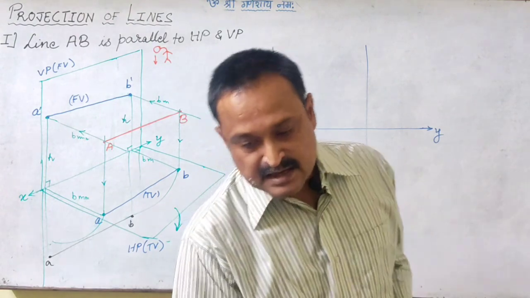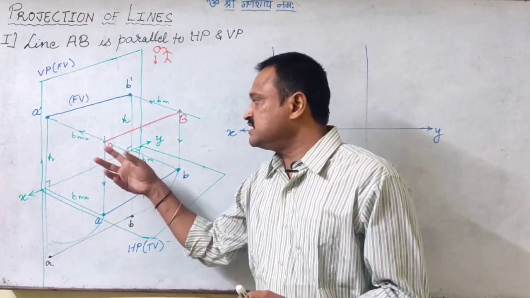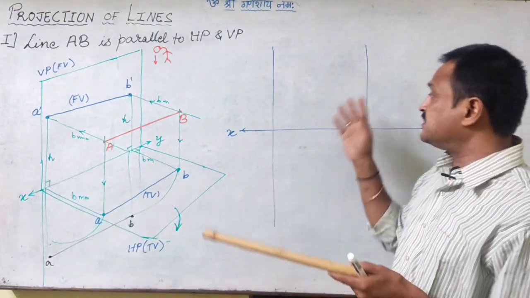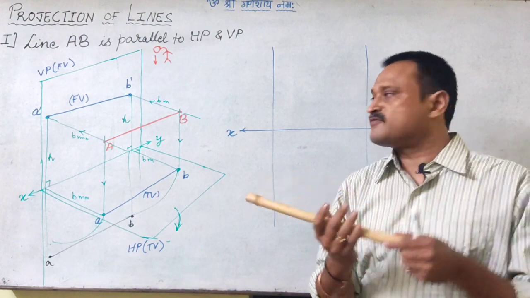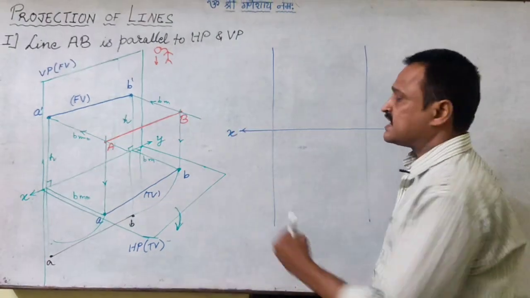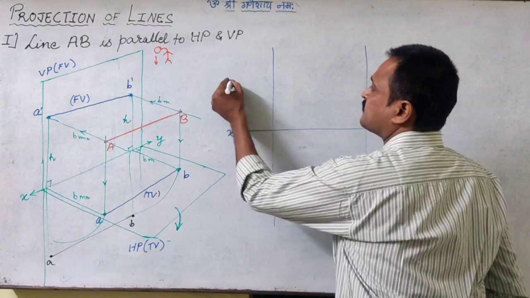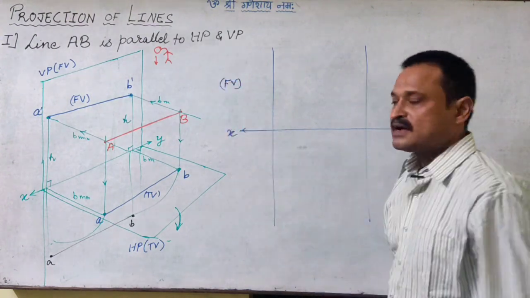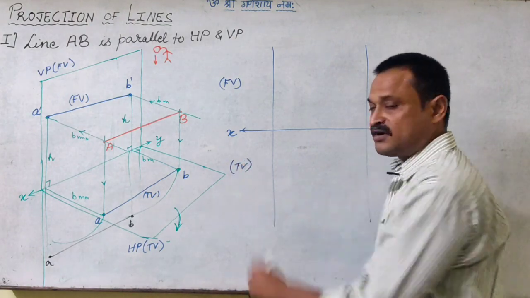So let us understand it. This is the understanding we have seen in 3 dimensions. Let us understand it directly in orthographic projection. If you are looking at it from the front, in first angle, the area above the XY line is the area for front view, right? And the area in front of the XY line is the area for top view.